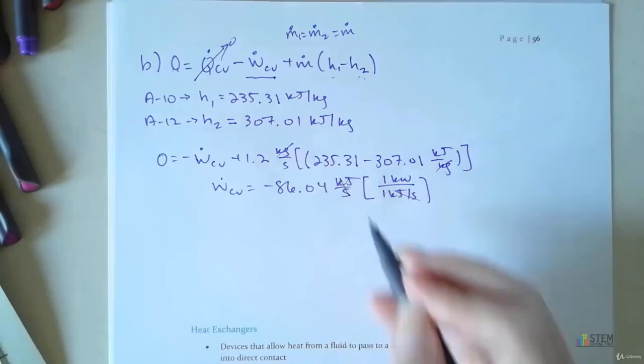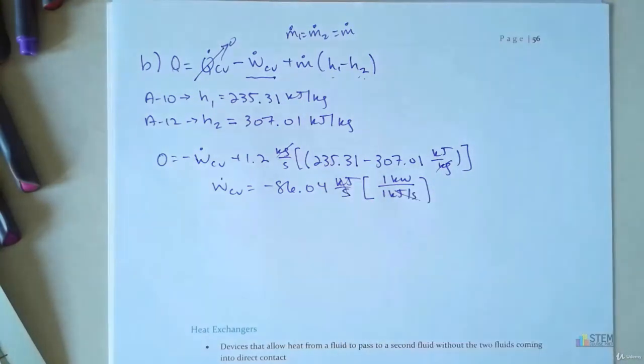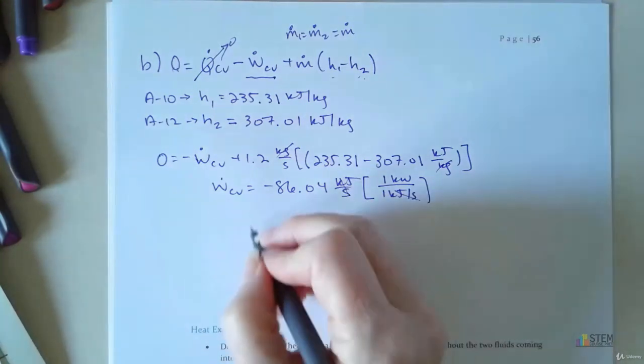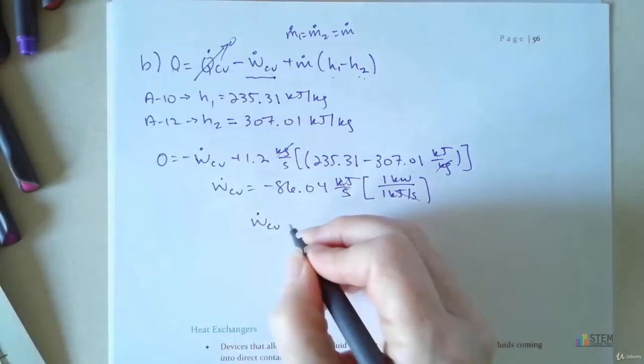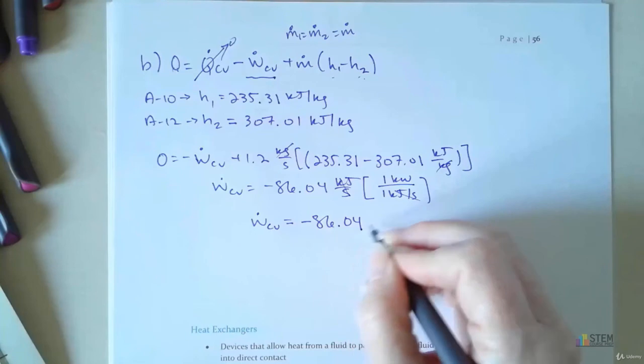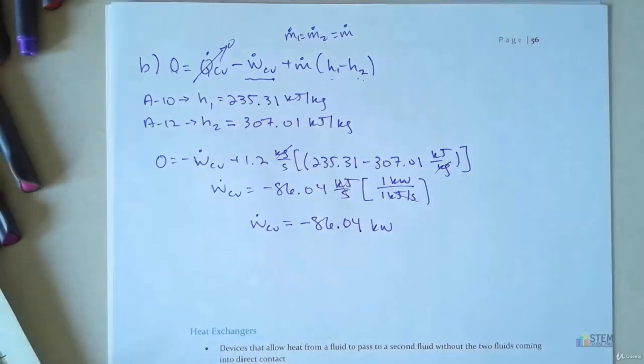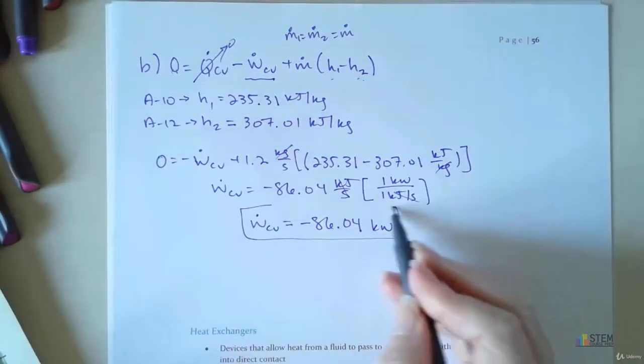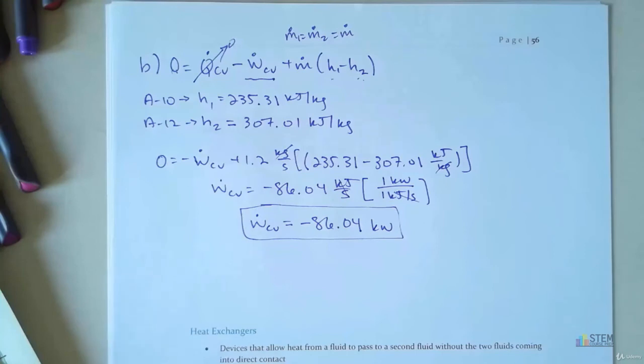So these will cancel, and that leaves us with kilowatts. So W dot is going to be negative 86.04 kilowatts. So that is the power input that is required in order to make that process happen.